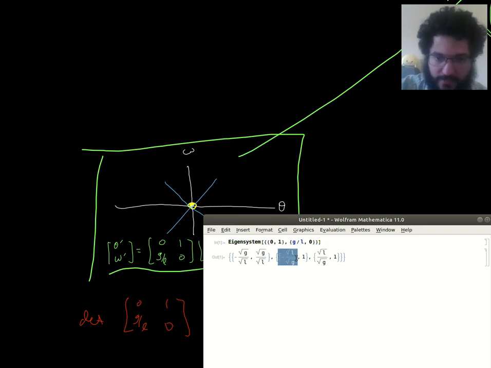And here are my two eigenvectors, this one and this one. And this one has positive, positive components, so that corresponds to this direction. The eigenvalue associated to that seems to be this one, which is a positive eigenvalue. And then this eigenvector is this one, and that has the negative eigenvalue.